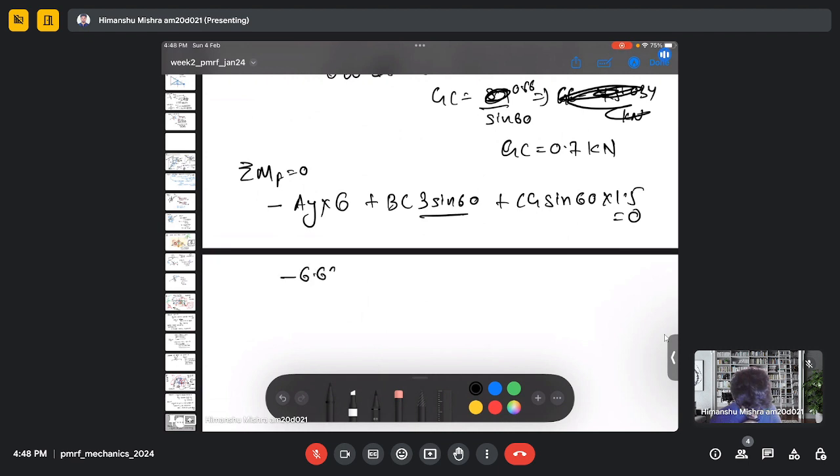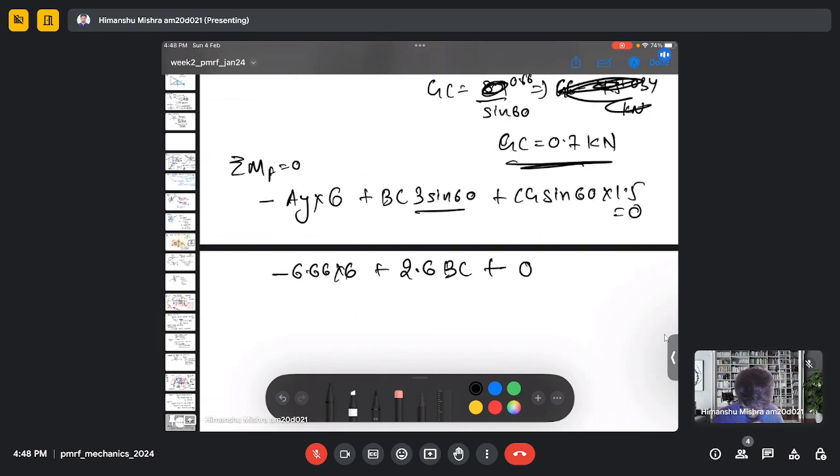So 6.66 plus 6, will be 2.6 BC plus, in GC we got 0.7. It will be 0.909 equal to 0.